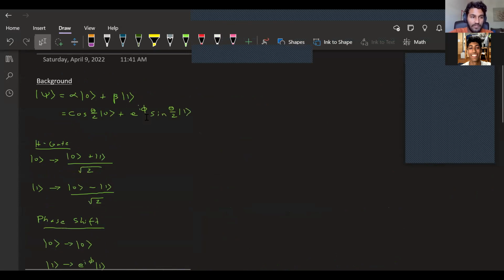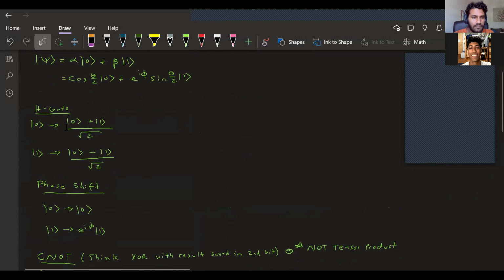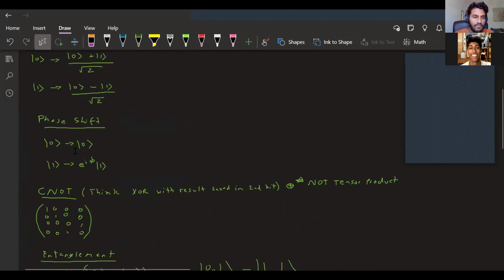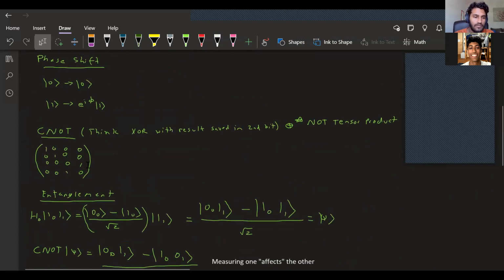Okay. That's good. So I just started off with the background for people who are completely new, but you would know this already. Yeah, I've seen it before, I just need to refresh. Just how to represent a state, and then what the Hadamard gate does, the superposition. Exactly. This is just a phase shift. If you want to go into the deep mathematics, there is the C naught gate.